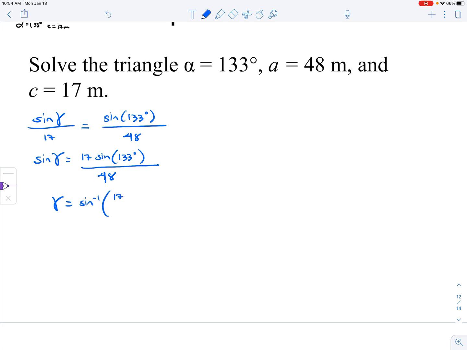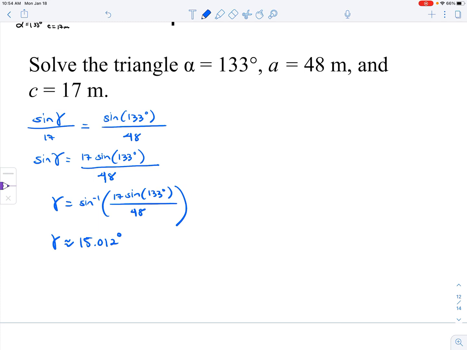And then gamma would be equal to the inverse sine of that ratio. Okay, that would be the exact value of gamma. And if I type that into my calculator, I get gamma is approximately 15.012 degrees.